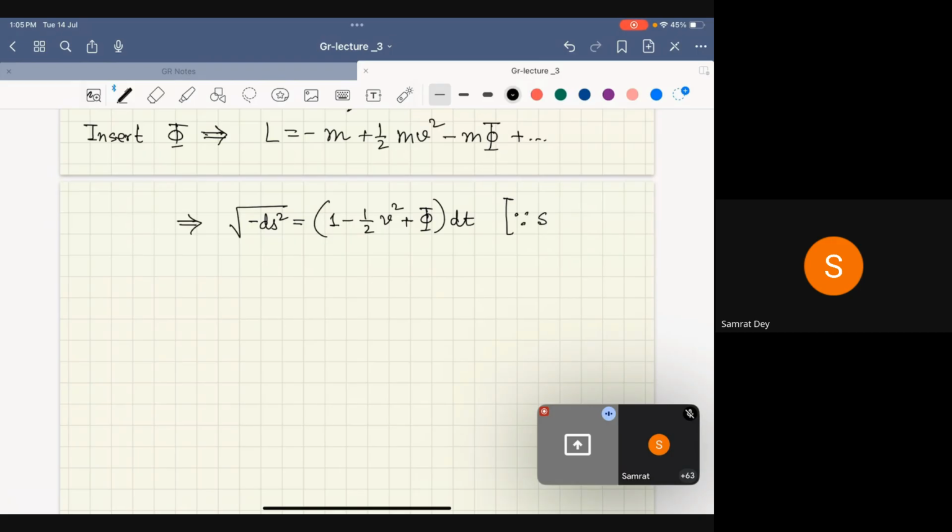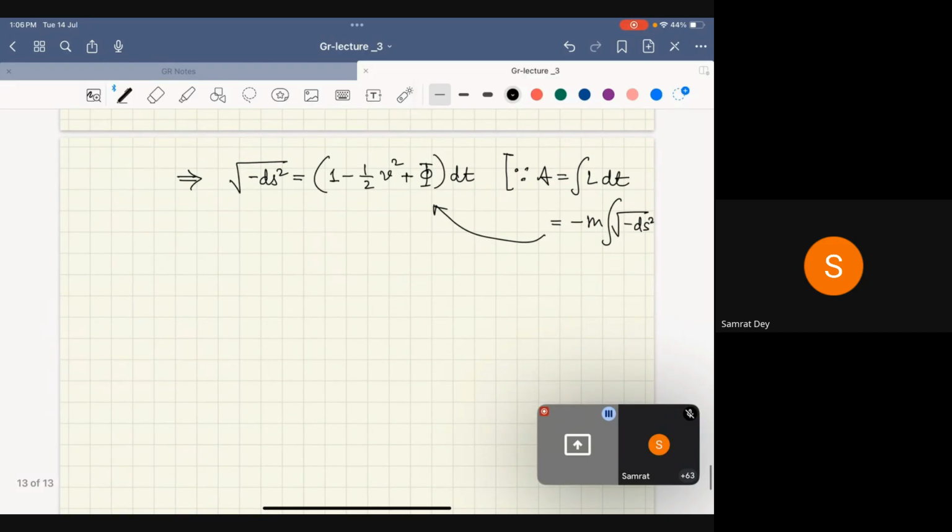Why is it like that? Because the action is written as L dt, and L in our case we have written as minus m square root of minus ds squared, and from this all of this will follow. Now you can use v square as dx dt whole square plus dy dt whole square plus dz dt whole square.